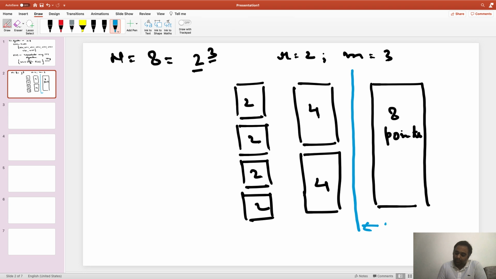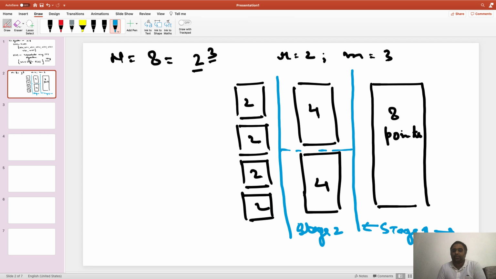This will constitute stage 1, this will constitute stage 2, and this will constitute stage 3.